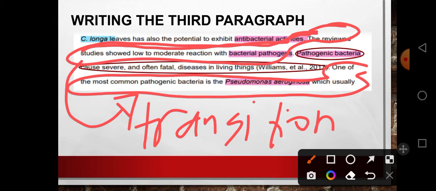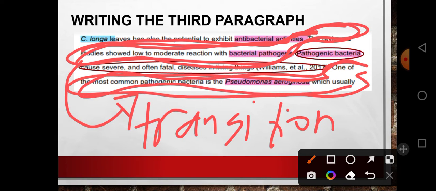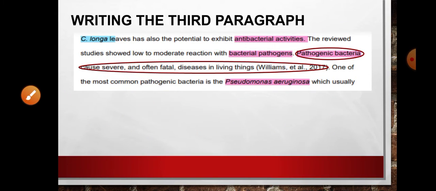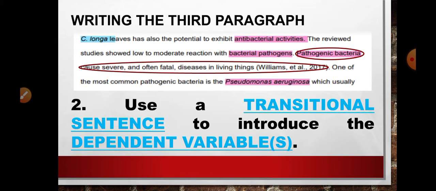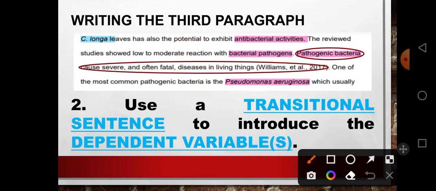Notice how we transition from the discussion of the IV to the discussion of the different pathogenic bacteria. Therefore, class, our guideline: after introducing the IV, you must use a transitional sentence to introduce the DV. Notice, we have here an umbrella term again.